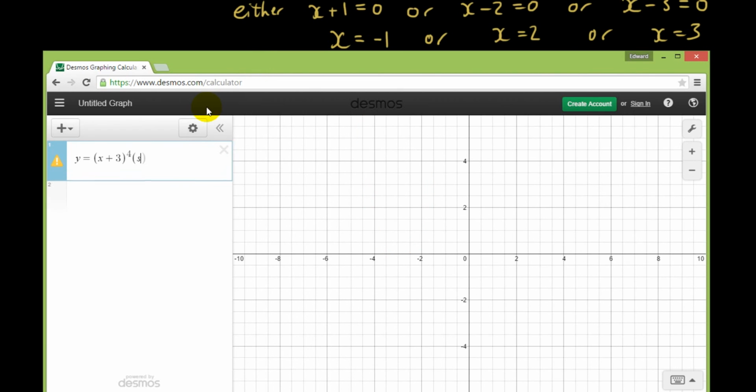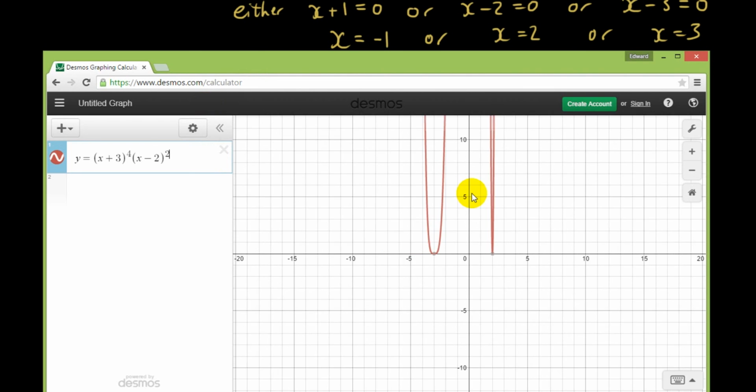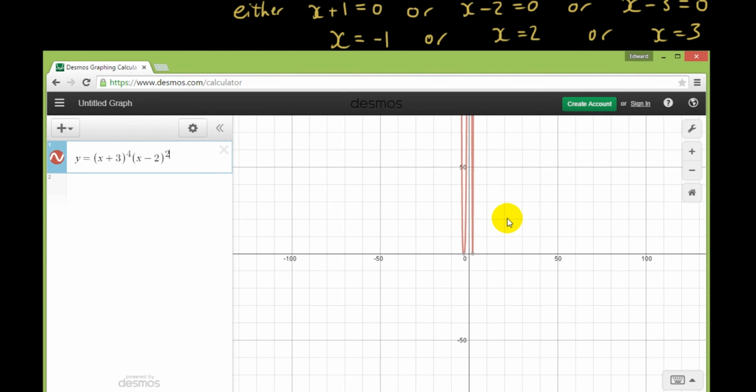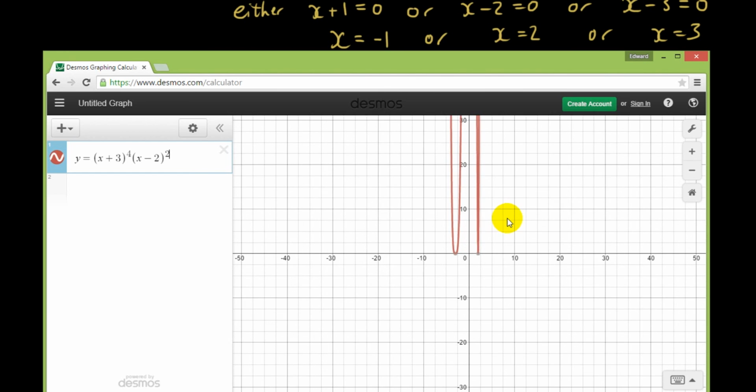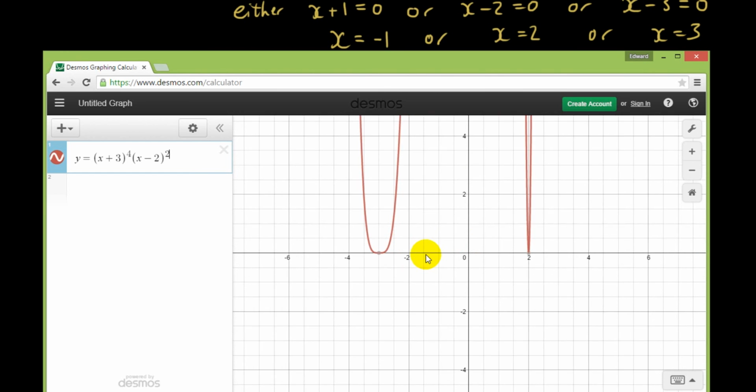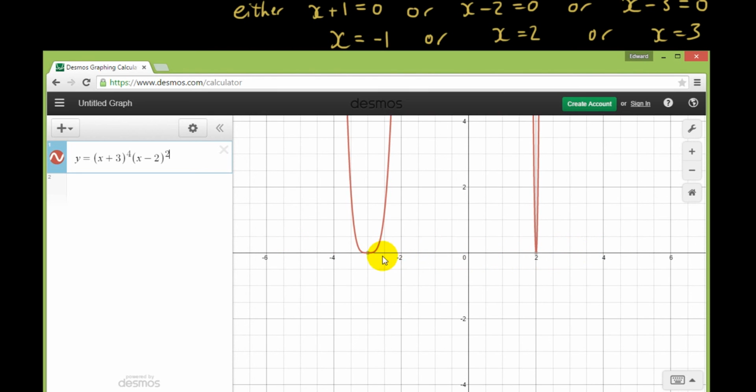If you have a look at the points that touch the x-axis, this is a very weird graph, but if you have a look at where the red line touches the horizontal axis, it happens that x is negative 3 and x is 2.